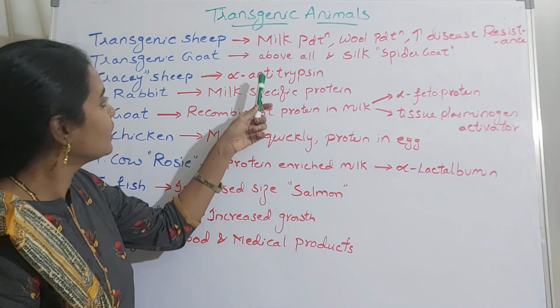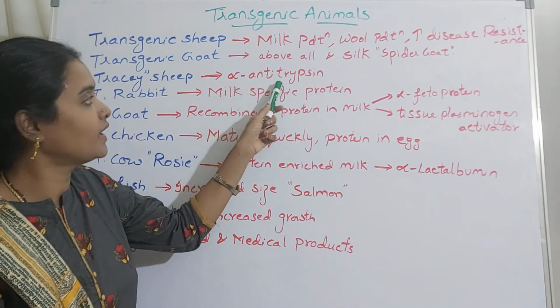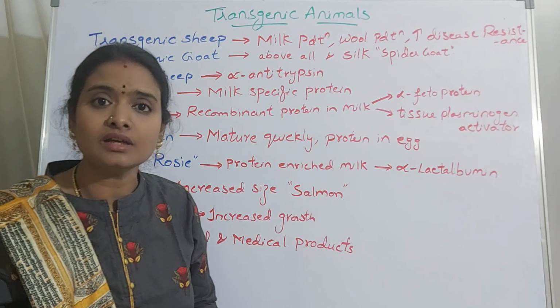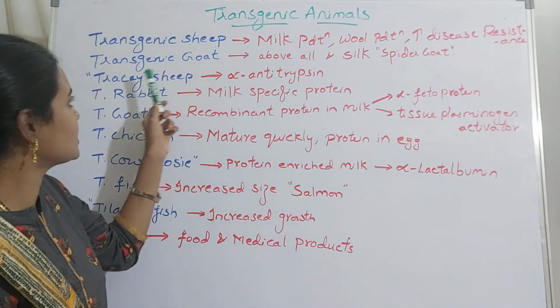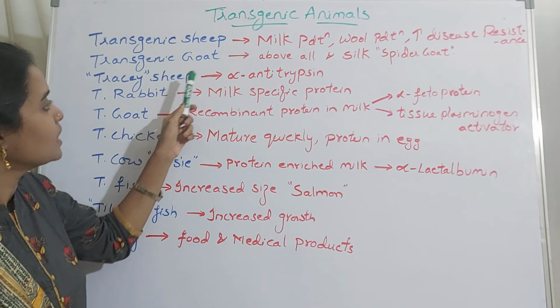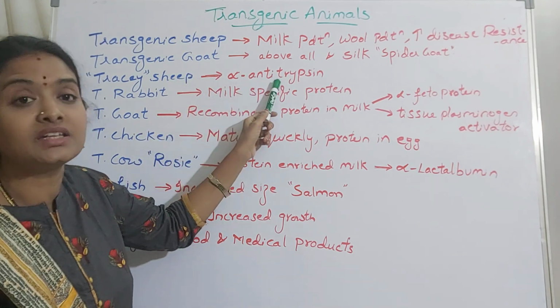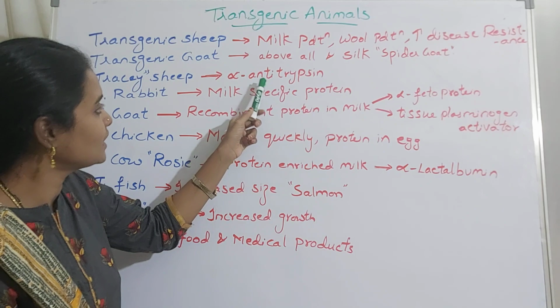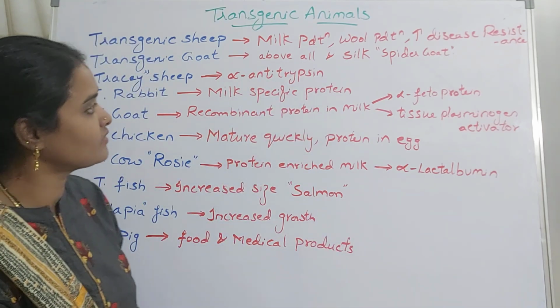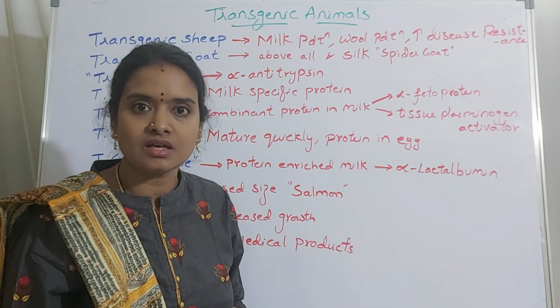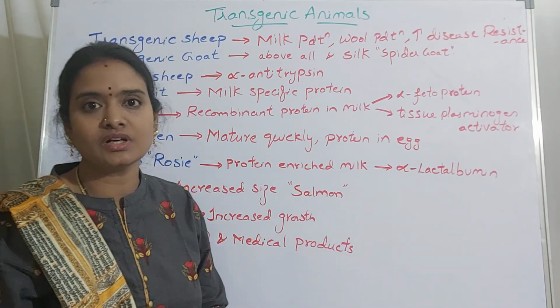If you have a lack of alpha antitrypsin, liver and lung diseases may occur. Right? So here this Tracy sheep, the transgenic sheep, is able to produce alpha antitrypsin in its milk so that it can be used as medicine for the people who are having these inherited lung and liver diseases.